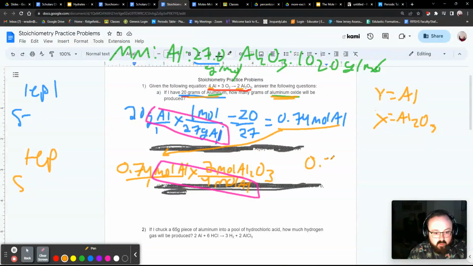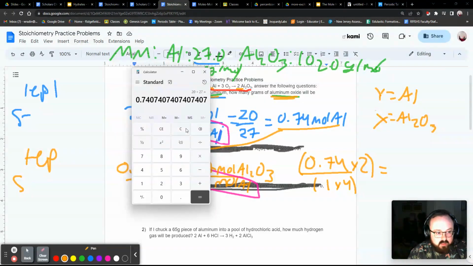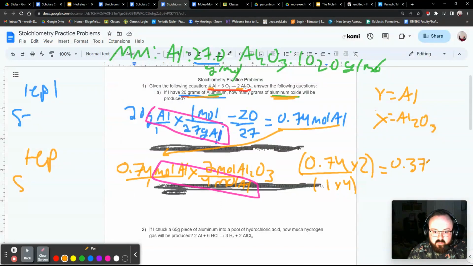We're going to get 0.74 times 2 divided by, put this in parentheses, 1 times 4. And that's just going to give us 2 divided by 4. You could have it the same mathematically, but I'll show it out for us. 0.37 moles of Al2O3.